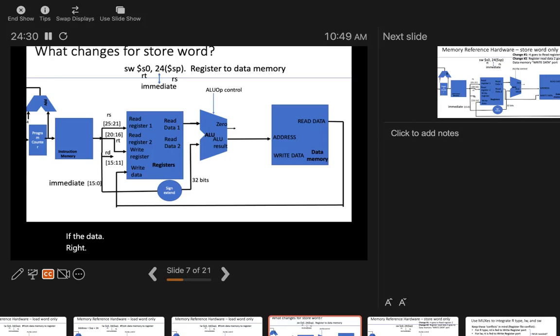So let's see what store word actually is. From register to memory. Yes, from register to memory. $S0, 24, RS, immediate, RT. ALU result is equal to RS plus sign extended immediate.